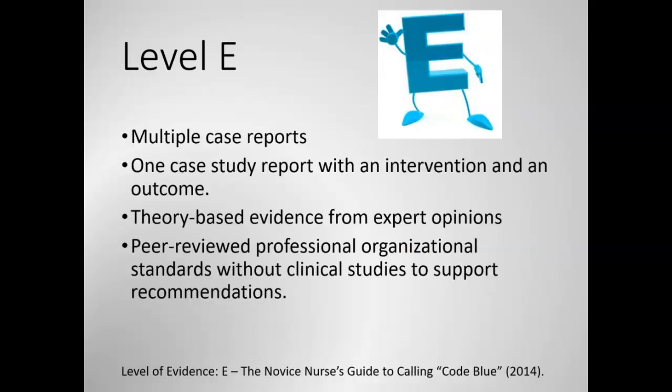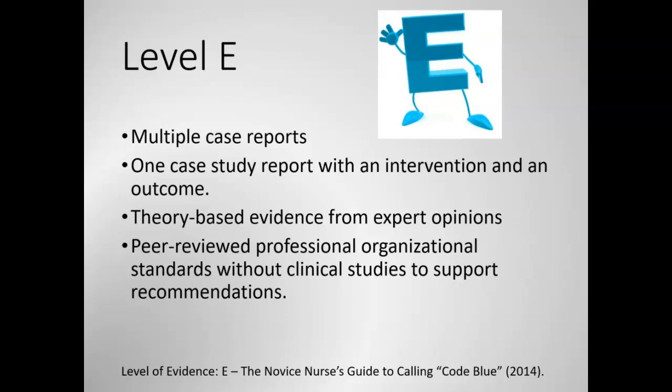E, it could be a multi-case study, or it could be one case report with an intervention and an outcome. So they could talk about, we had this one patient and they had one heart defect, and this is what we did for him, and this is what the outcome was. So it was one patient, a very small group. Maybe it's something very, very rare. And so therefore, since it was rare, you're not going to duplicate it multiple times.